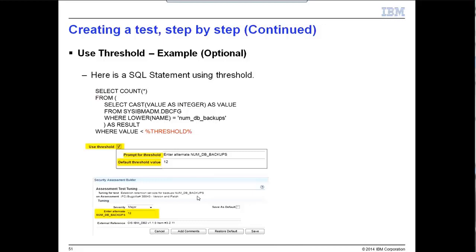Put a % sign and the actual word THRESHOLD in uppercase, and then you check this box, and you put in a prompt, and then a default value. So when the test gets executed, it always checks against a threshold value of 12, but the end user can then override the threshold to something else by going to the assessment tuning, changing the actual threshold to whatever number they think is appropriate for their database.